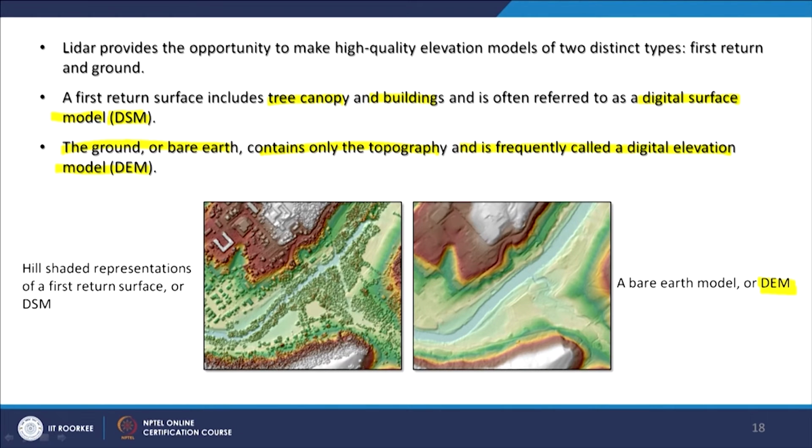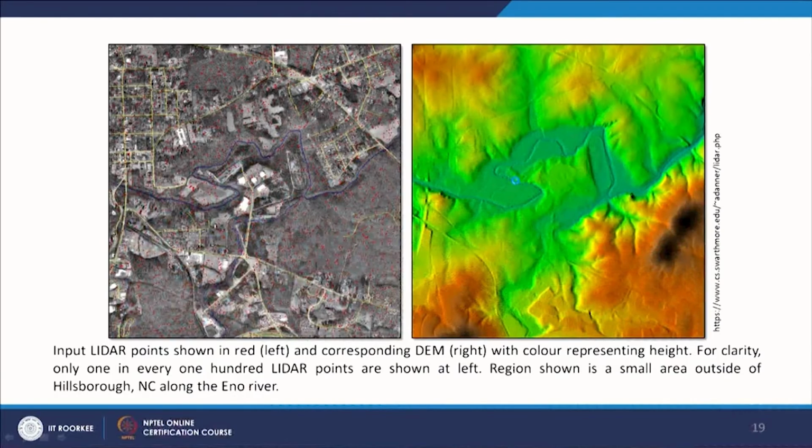You can see the major difference between a DSM on the left image and a DEM on the right image. This DSM term has come into this domain, which is the LiDAR one. Also, if you look very carefully, you will find a lot of red dots on the left image.